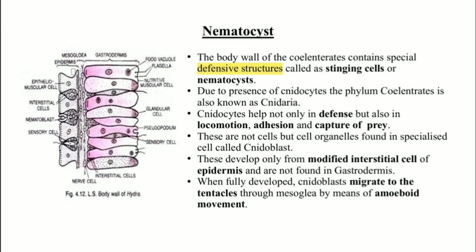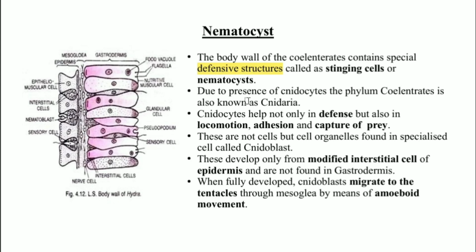In the epidermis layer, there are interstitial cells which are modified into cnidoblast cells. And nematocysts are not cells, they are actually organelles which are present in the cnidoblast.